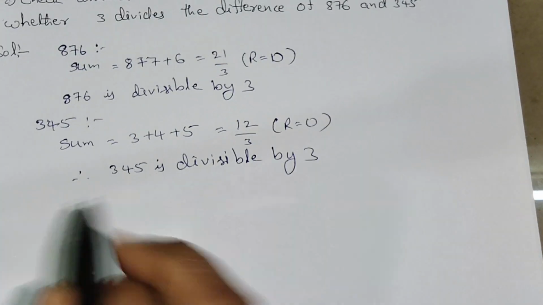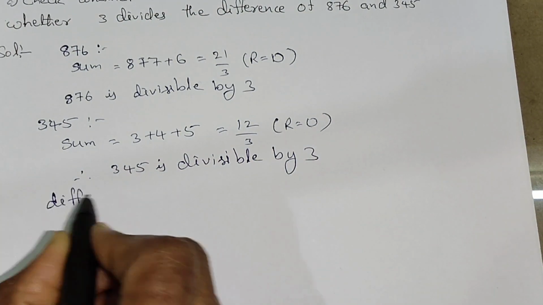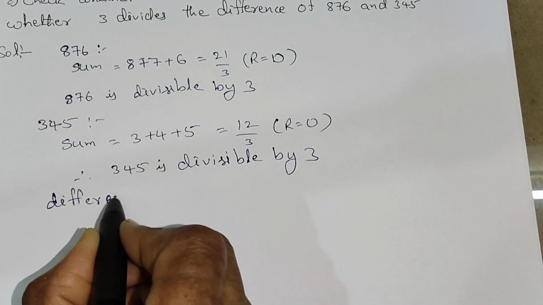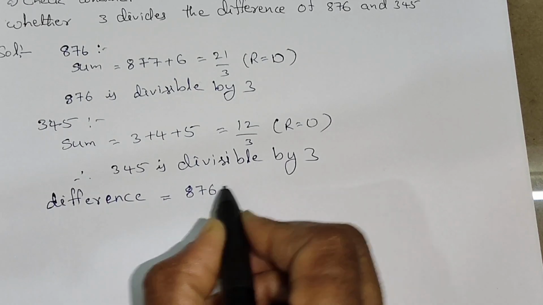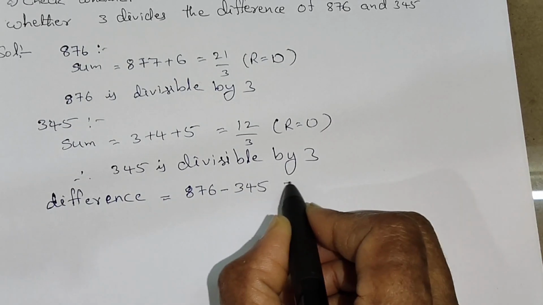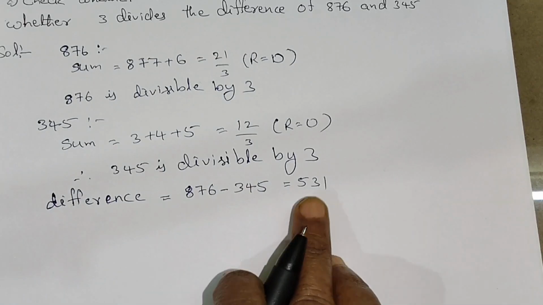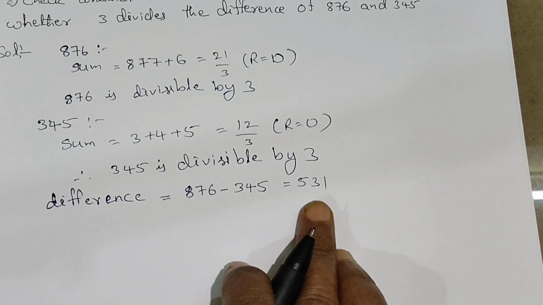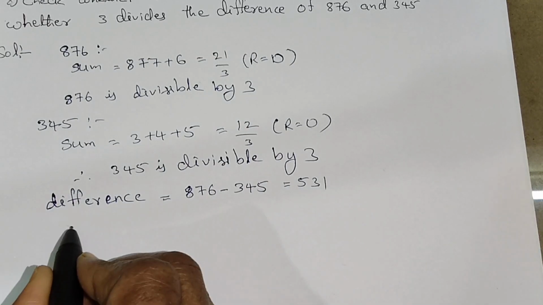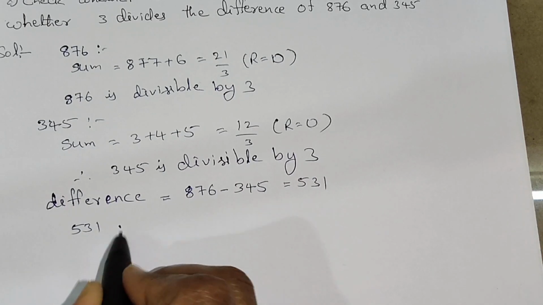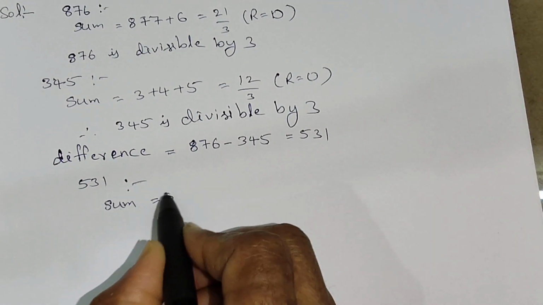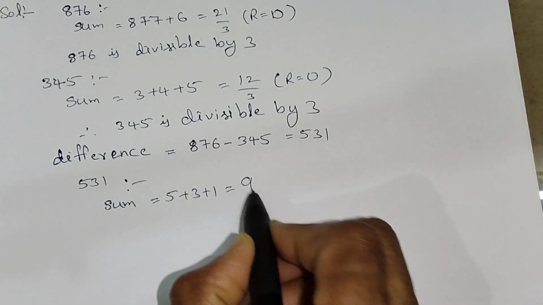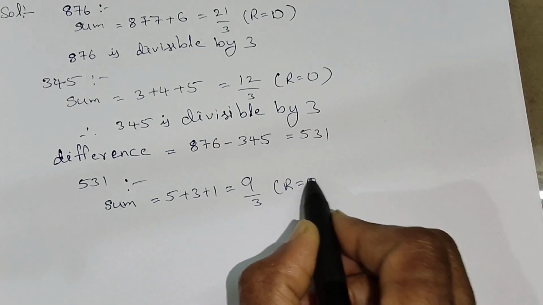Now next it asks whether 3 divides the difference of 876 and 345. First we write the difference: 876 minus 345 is equal to 531. Now we check the divisibility rule by 3. The sum equals 5 plus 3 plus 1, that equals 9. 9 is divisible by 3, the remainder is 0.